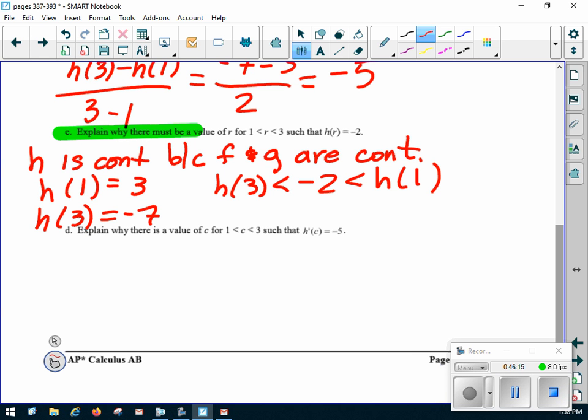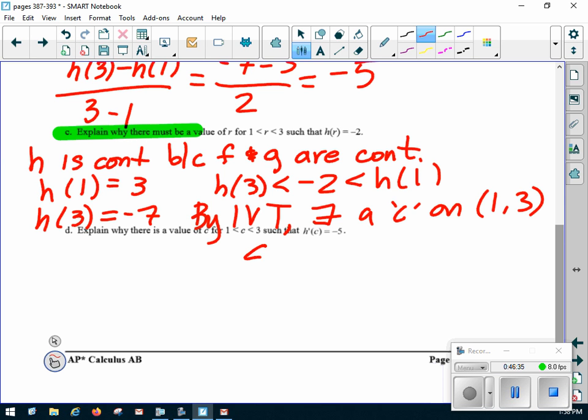So since the function is continuous and this y value is between the y values of the endpoints, by IVT, there exists a value, let me just put there exists a c on the open interval 1 to 3 such that h of c equals -2. Now, explain why there is a value where the derivative is -5.